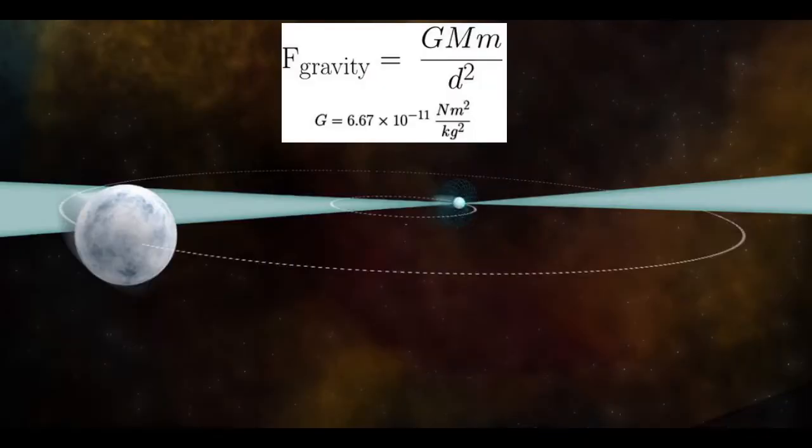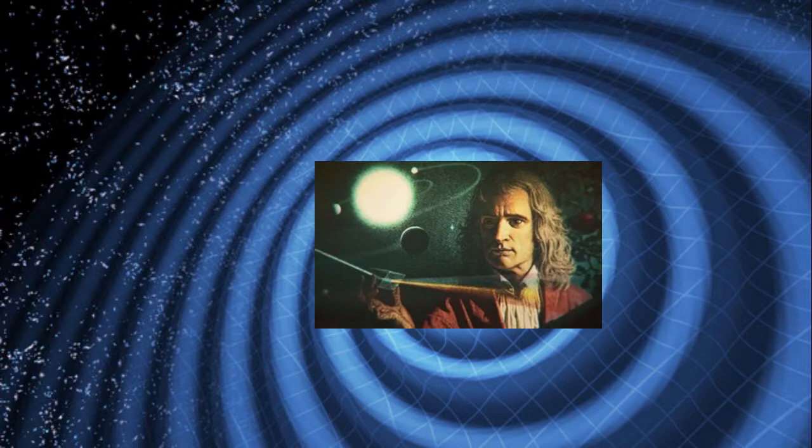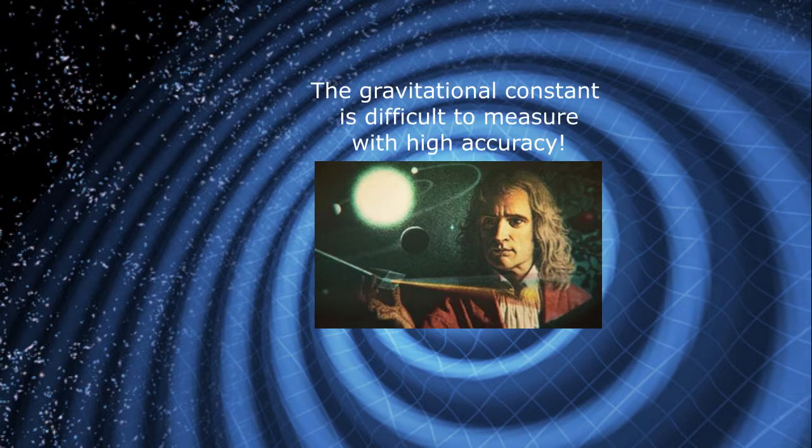What about the gravitational constant? The gravitational constant, also known as the universal gravitational constant, the Newtonian constant of gravitation, or the Cavendish gravitational constant, denoted by the letter G, is an empirical physical constant involved in the calculation of gravitational effects in Sir Isaac Newton's law of universal gravitation and in Albert Einstein's general theory of relativity.